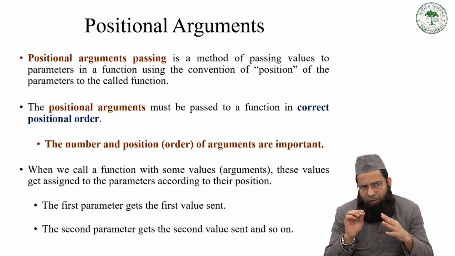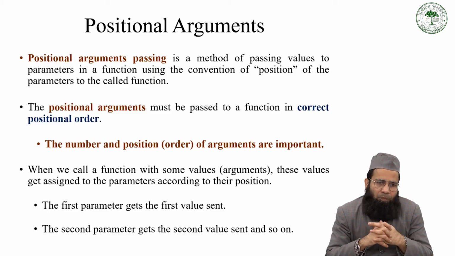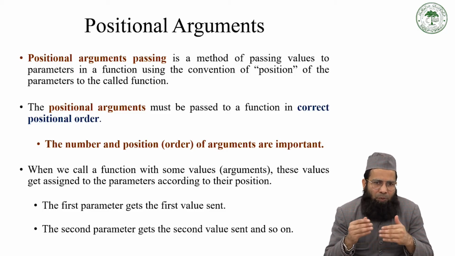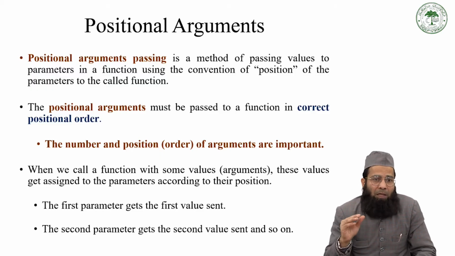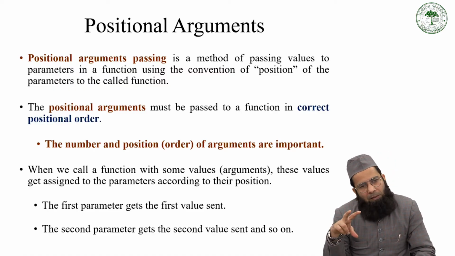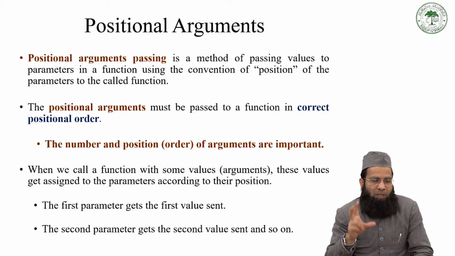Whenever you write a function, if you are passing a value as an argument without a keyword or without any default value, that is a positional argument. In a positional argument, the position of the argument matters. If you alter the position of the argument, then a different value will be passed to the parameter. So, it is very important if you are using positional arguments.